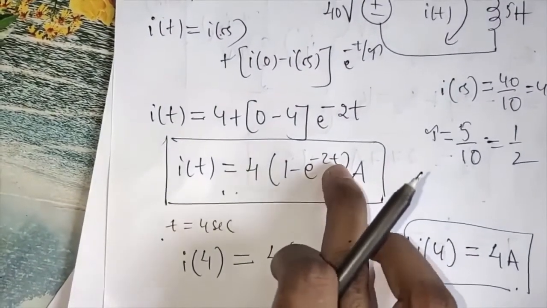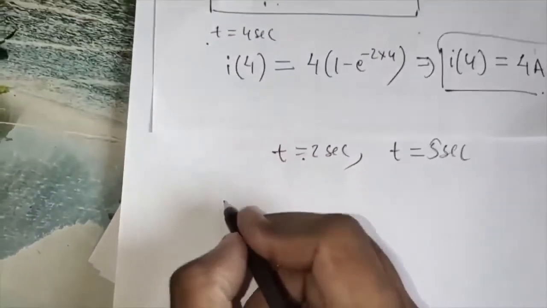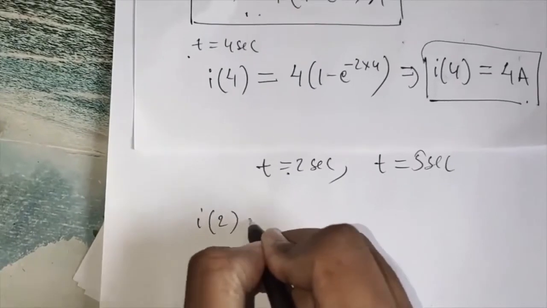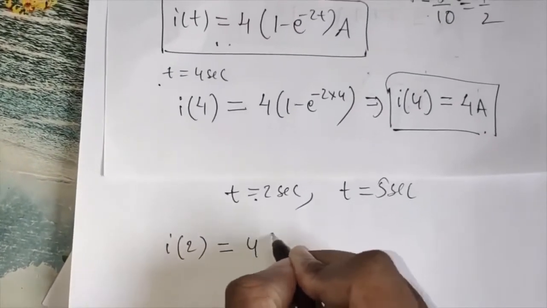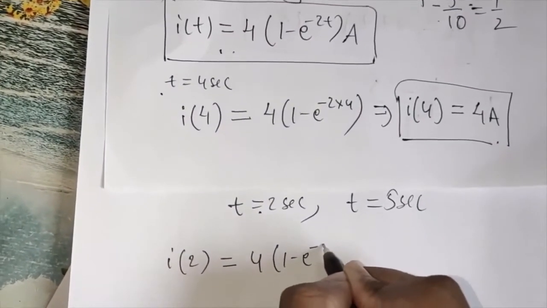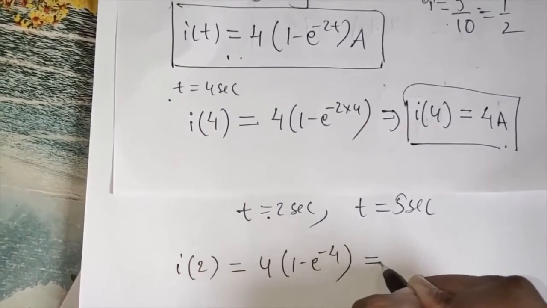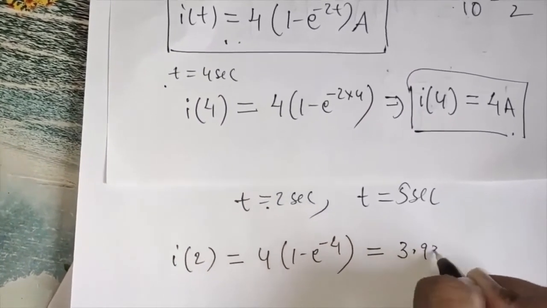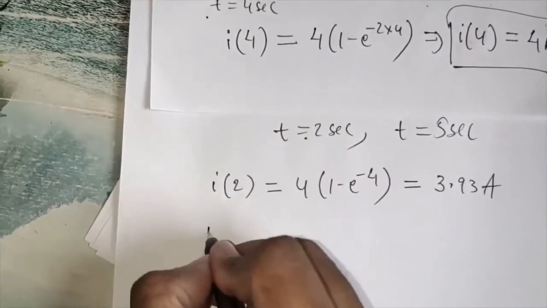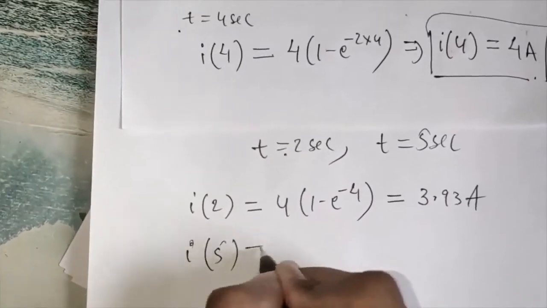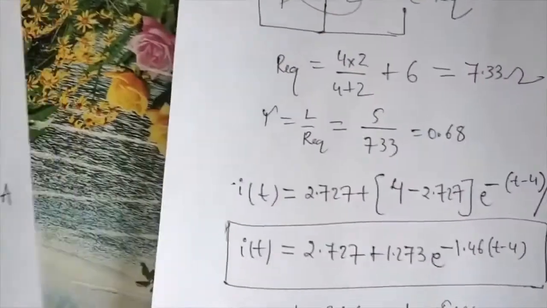Substituting t equal to 2, we will get I of 2 is equal to 4 into 1 minus e power minus 4, which will give me 3.93 amps. So I also want I at 5 seconds. I have to consider the second expression.